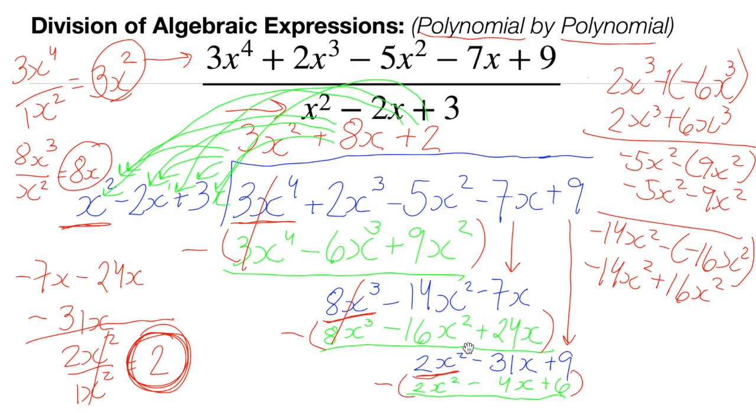So 2x squared minus 2x squared is going to give us a 0. Okay, so negative 31x minus negative 4x. Let me write it down so that it will be clear. Negative 31x minus negative 4x.